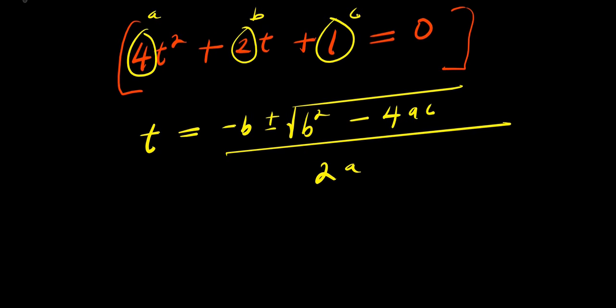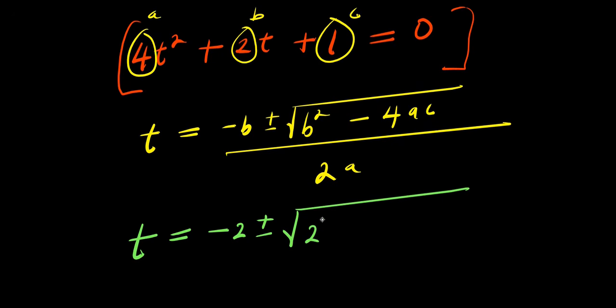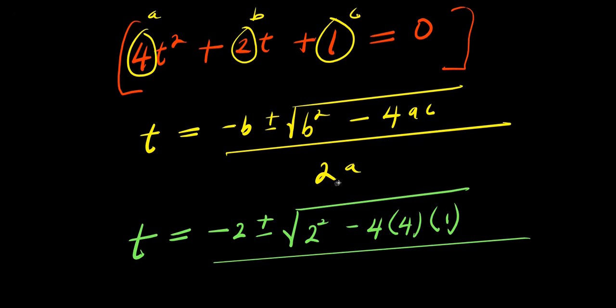So we substitute them here. t equals negative b, negative 2, plus or minus square root of b squared raised to power 2 minus 4 times 4 times 1, divided by 2a, that is 2 times 4.